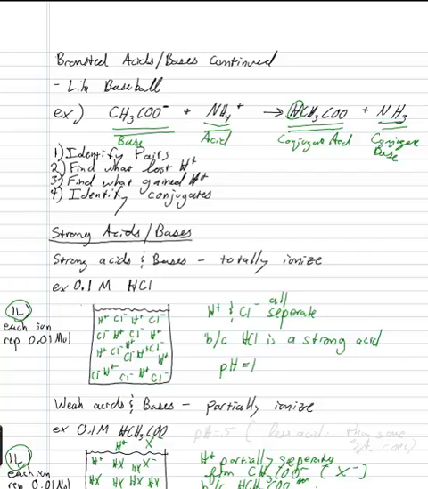Now, the pH of this is equal to 5. So it's less acidic than the same concentration strong acid. I'll abbreviate strong acid SA.